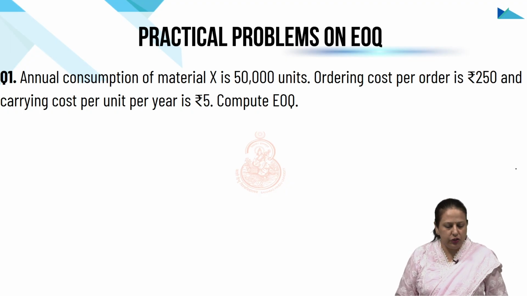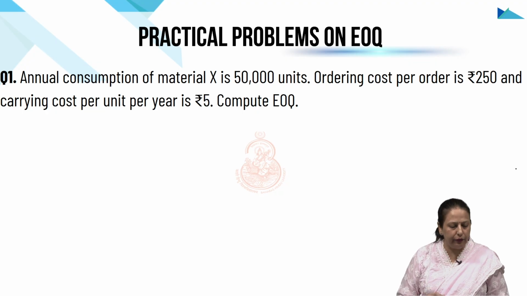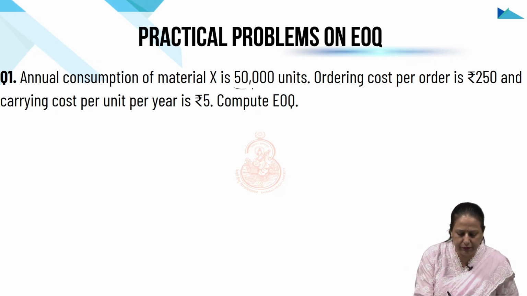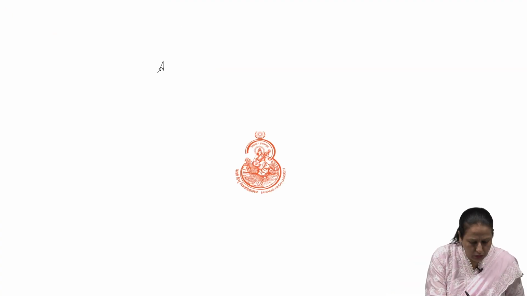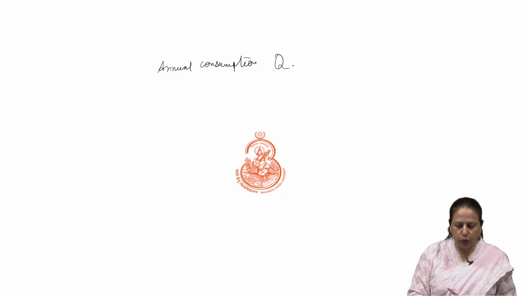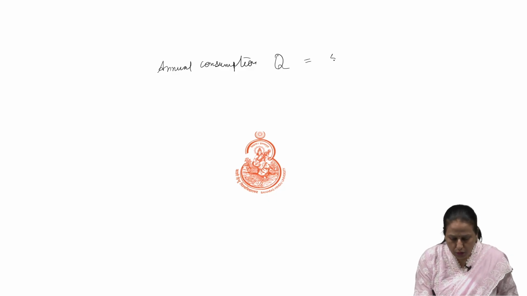we are given a question in which we have to calculate the EOQ, which is known as the economic order quantity, and in this question we are provided with the information that the annual consumption of the material X, which we usually denote with Q, is equal to 50,000 units.